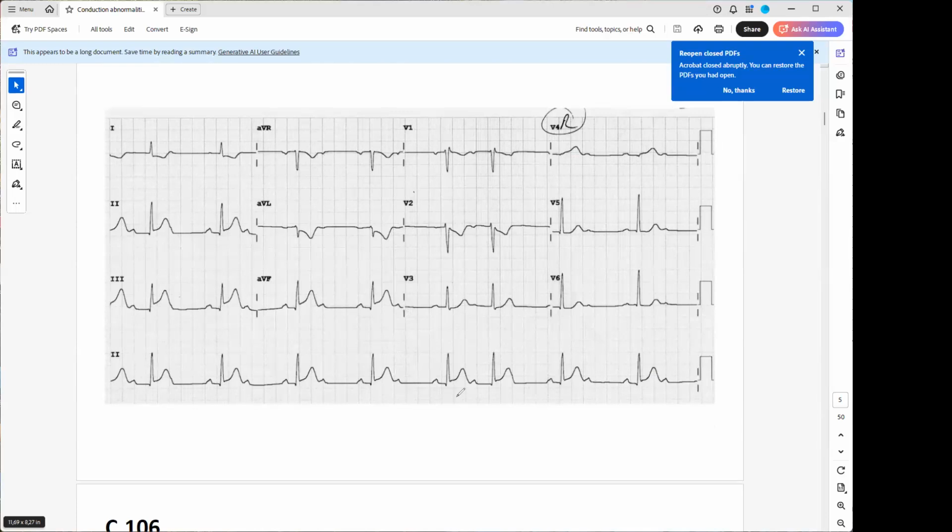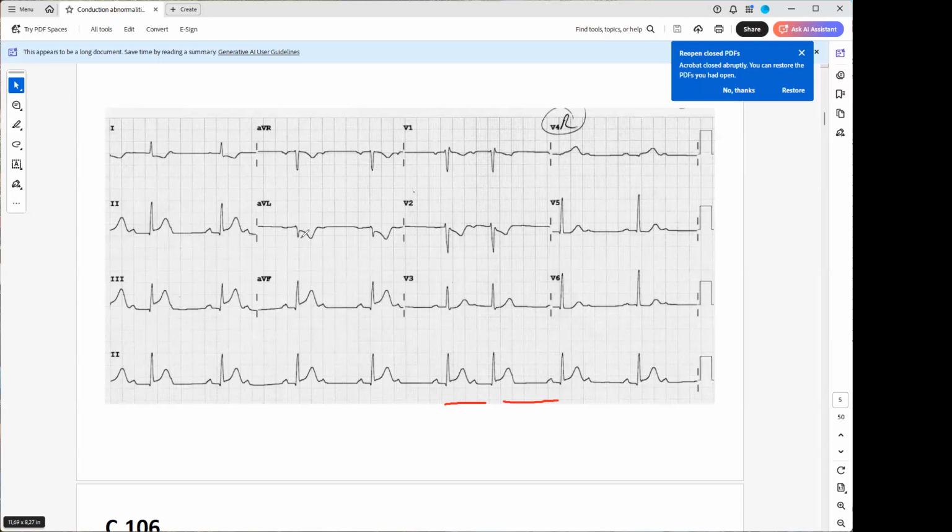We have an extra QRS complex. So I thought it's not rhythmic. As for lead one, we see that it's positive. Also AVF and lead two are positive as well, and AVL is negative. So it's between 60 and 90 degrees.